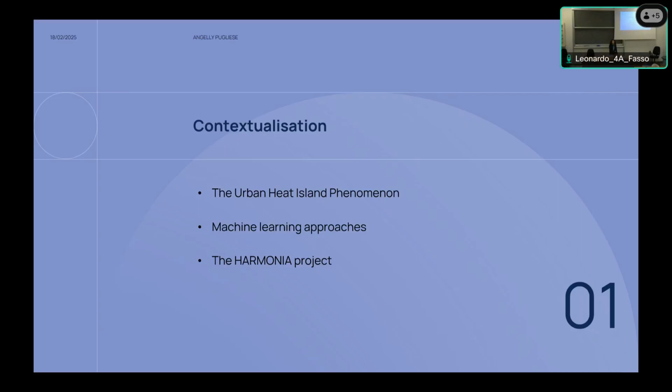So starting from the contextualization, I will go through the urban heat island phenomenon, the machine learning approaches, and the Harmonia project, a very brief overview, because this was the starting point of this research.